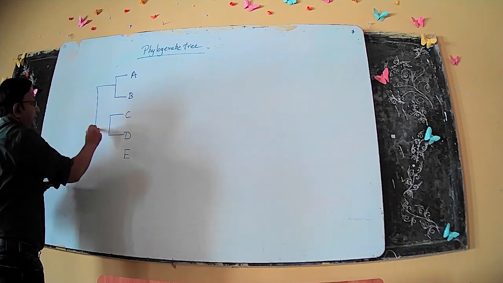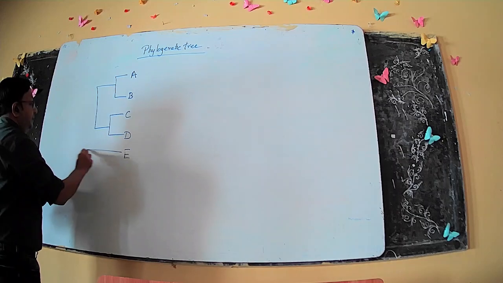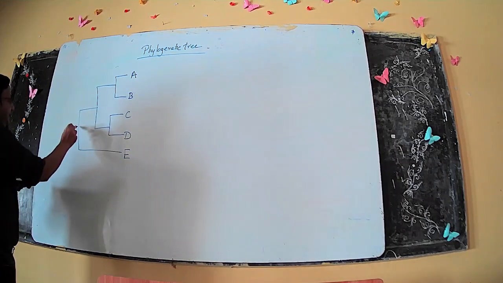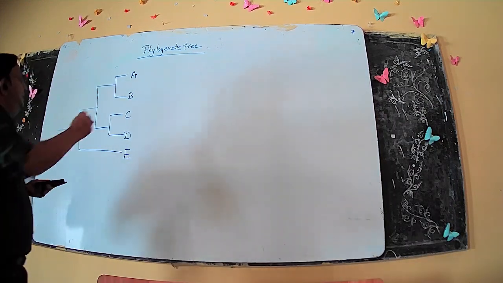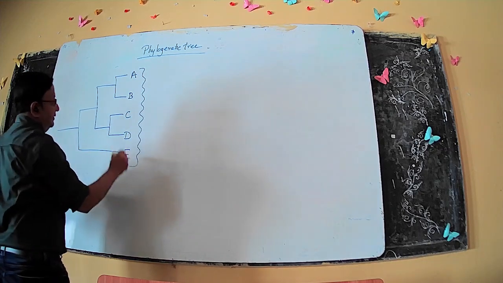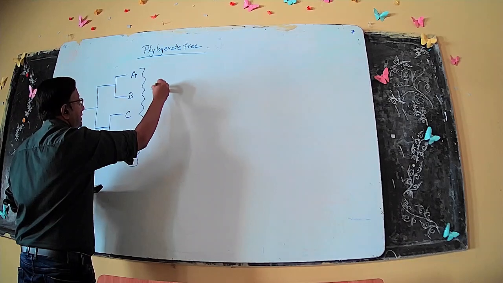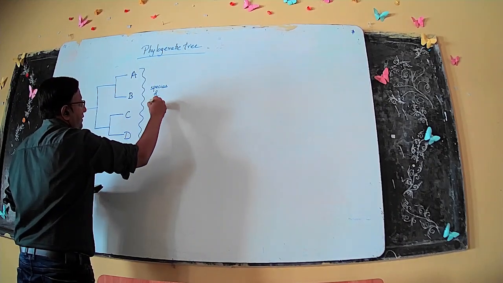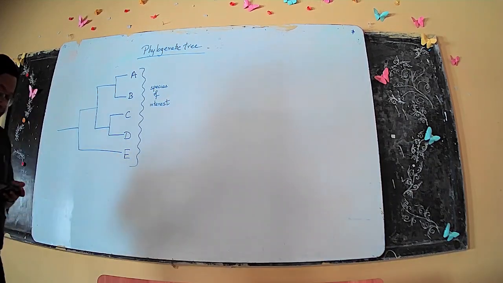And they have got this, and E is attached like this. So this is the phylogenetic tree. So A, B, C, D, E are the species of interest.